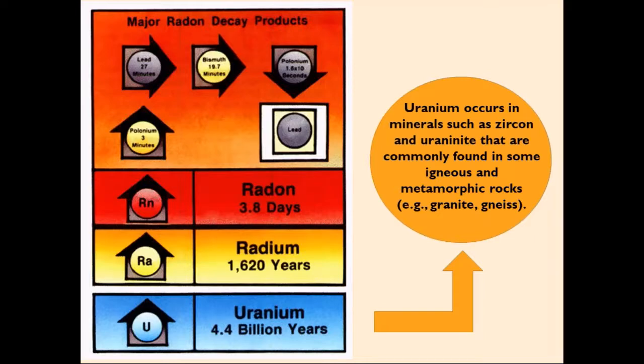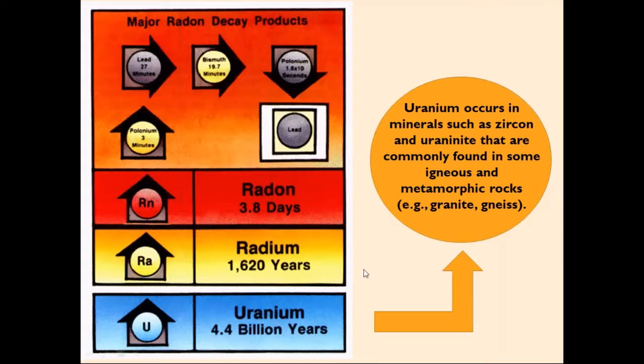Those minerals are there already. The zircon mineral within those rocks contains trace quantities of uranium. Well, uranium is radioactive, meaning that over time it will experience a series of decay steps. It will produce a series of daughter products, ultimately leading to lead as the end product.